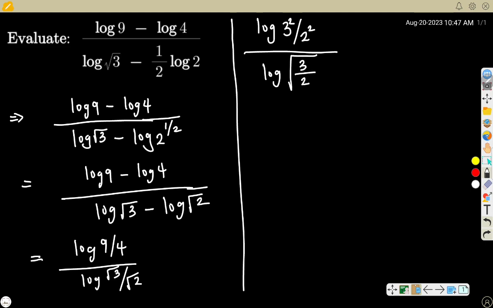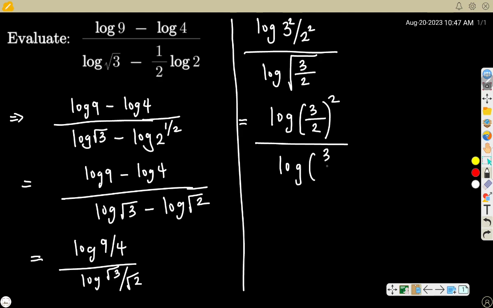Like that. So now if you look at this upper one also, that square is common, so this will become log 3 over 2 everything square. As in, you have square here, you also have square here, you can remove it outside. So divided by log, remember we said square roots is power half.